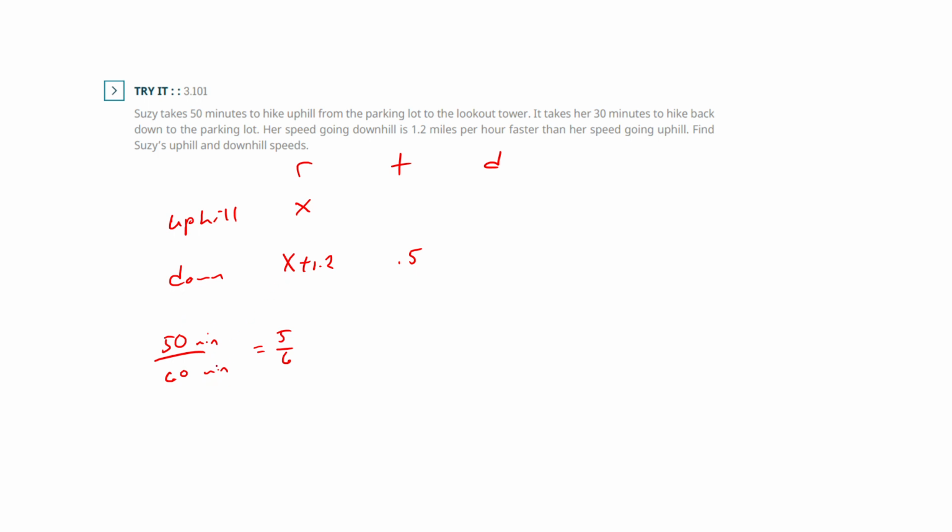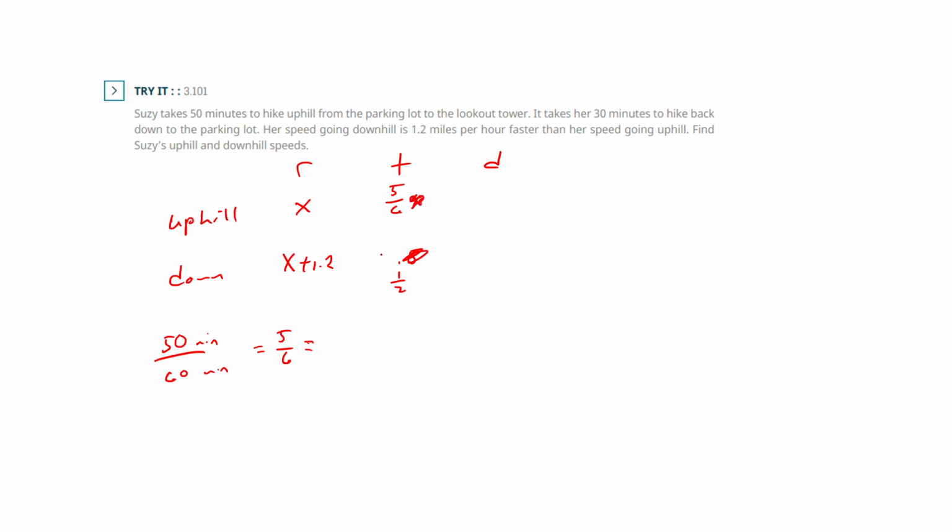If I divide these, I now have how many hours it took her, and I get an unpleasant fraction. What to do here? I'm going to leave it then as 5/6. I'm going to turn this back into a fraction just because that one didn't work very well.